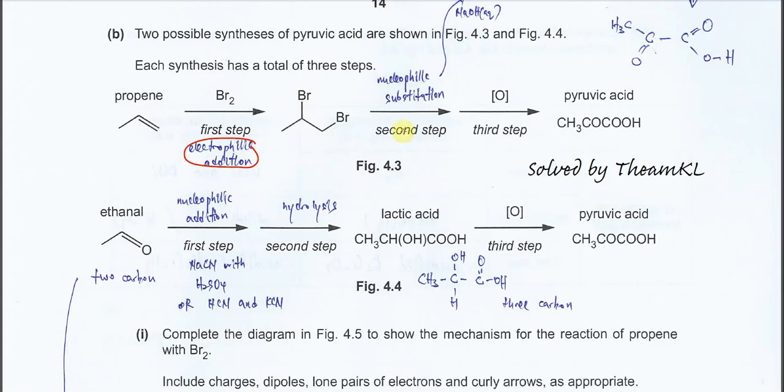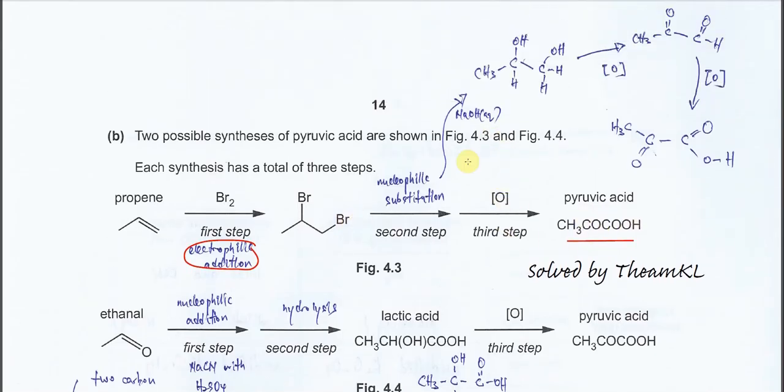After the second step and third step, it forms pyruvic acid, which has a carbonyl and a carboxyl group. So how to form this? We need to think how to get rid of this bromine and at the same time form this. It's very easy. Just follow what I tell you now.